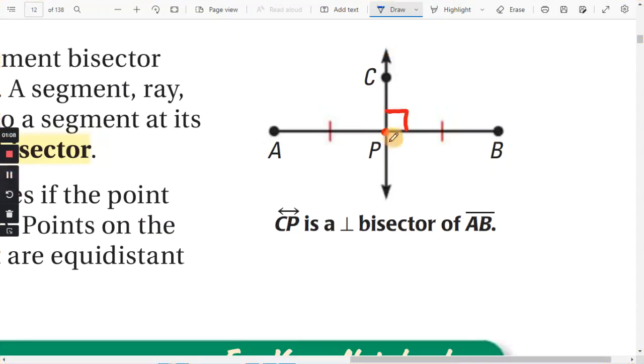So basically what that's saying is, if you take any point on the perpendicular bisector, it is the same distance to both endpoints. So this and this are going to be the same length. We'll get into that a little bit later.